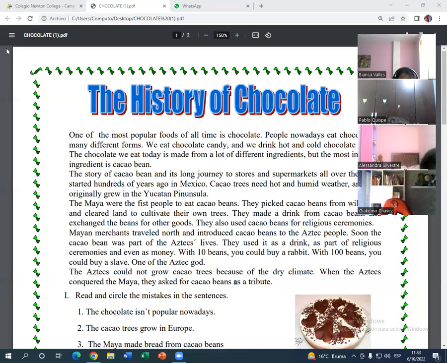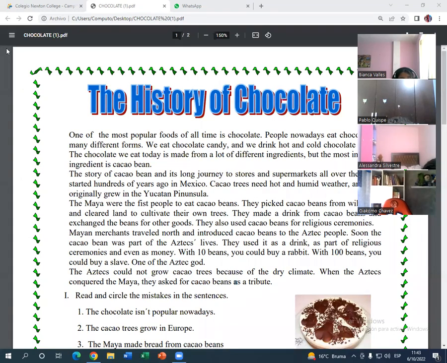The Maya were the first people to eat cacao beans. They picked cacao beans from wild trees and cleared land to cultivate their own trees.